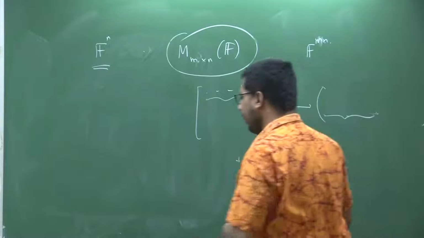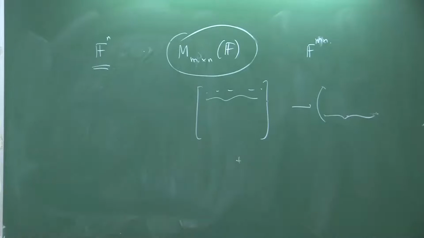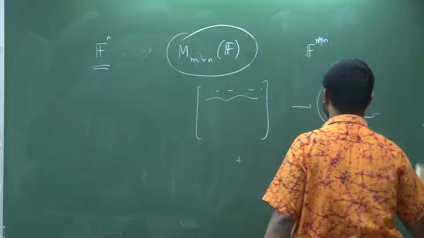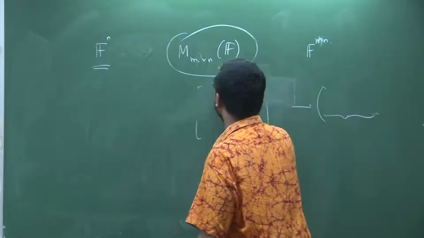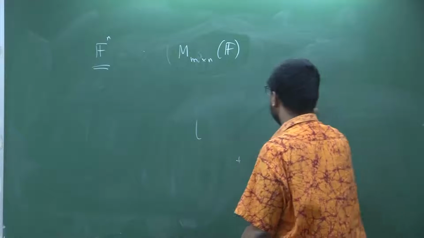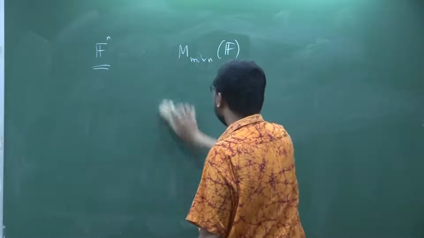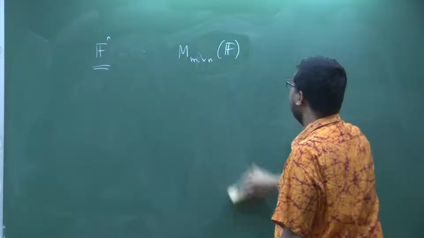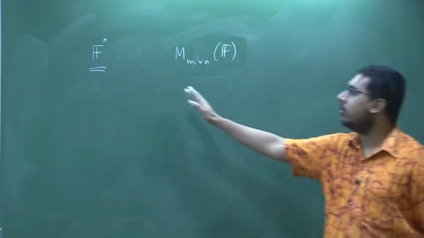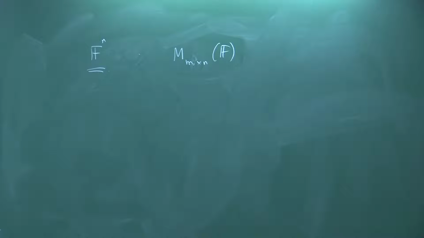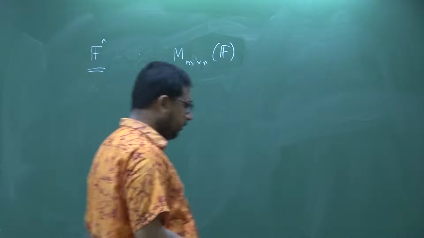So, this is what we have already observed, but I am not talking about that right now. I am saying that these two examples, Fn and the space of m by n matrices, are actually special cases of something general. Okay. In fact, that will lead us to more such special cases which are interesting in different contexts.